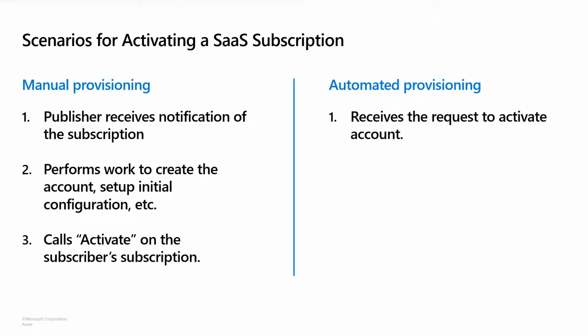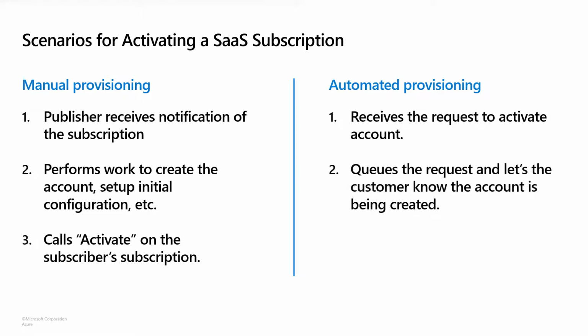Secondly, we can look at automated provisioning. Boy, this is really where you want to go if at all possible. In this case, I'm going to walk through just a proposed model for how this might work. So the customer clicks the button or link, please activate my account, and the publisher receives that request.